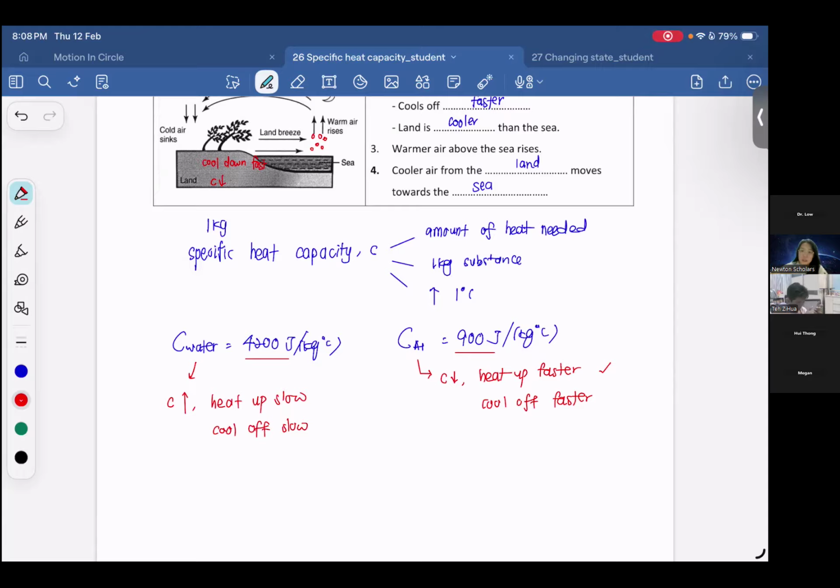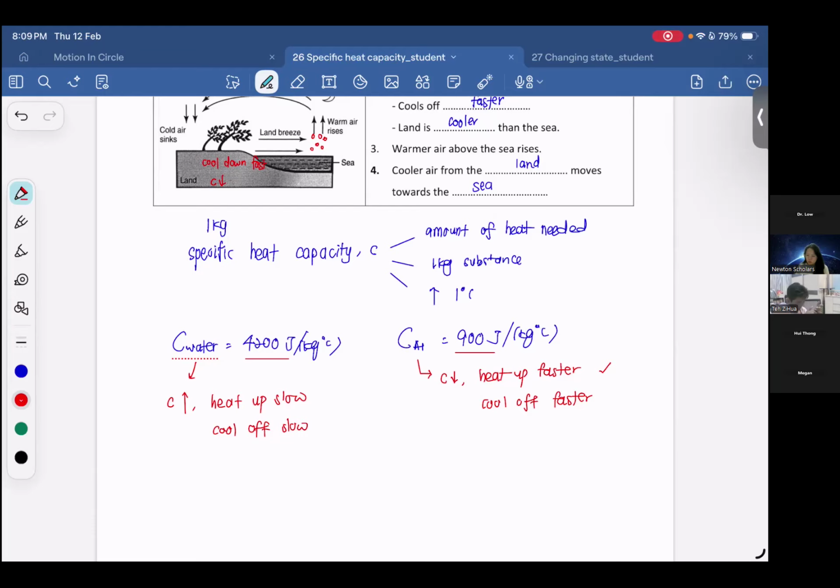If you boil water using a kettle, you need roughly 10 to 15 minutes to boil it. Then you let it cool off, and after maybe 2 to 3 hours you come and touch the kettle again, you will find that the kettle is still warm, or the temperature is quite high. So it cools off slow.